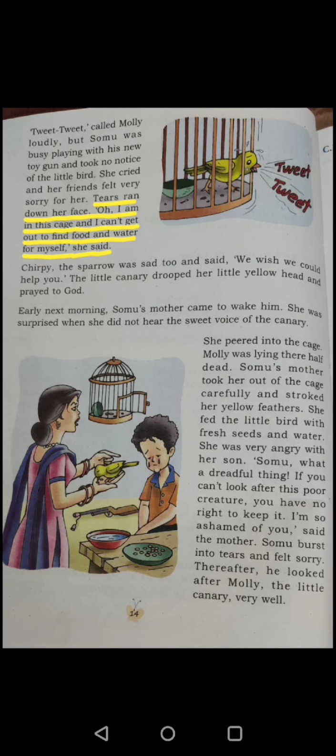Now comes question number 3. Why was Molly in tears? Children, on page number 14, you have read these lines. Tears ran down her face. Oh, I am in this cage and I can't get out to find food and water for myself, she said.